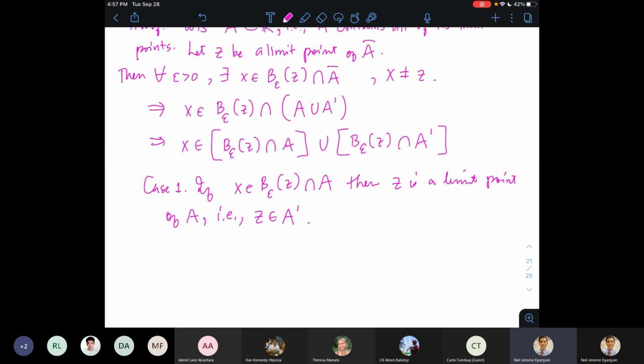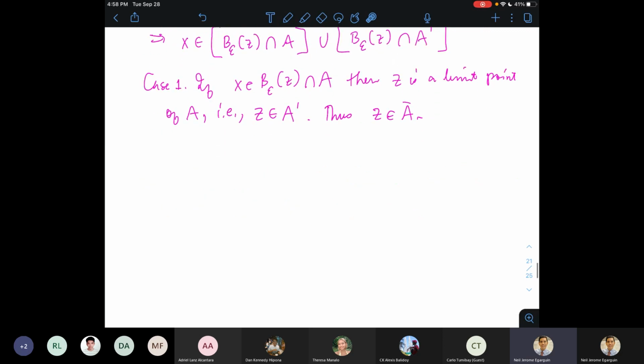Dahil element siya ng A prime, thus, si Z dapat ay element ng A bar. Kasi si A bar, yung closure ni A, ay A union A prime. And nandun siya sa A prime. So si Z dapat na kay A bar din. So if the first case is true, then we are sure that Z is in A bar. So nako-contain yung limit point na Z doon kay A bar. Okay?